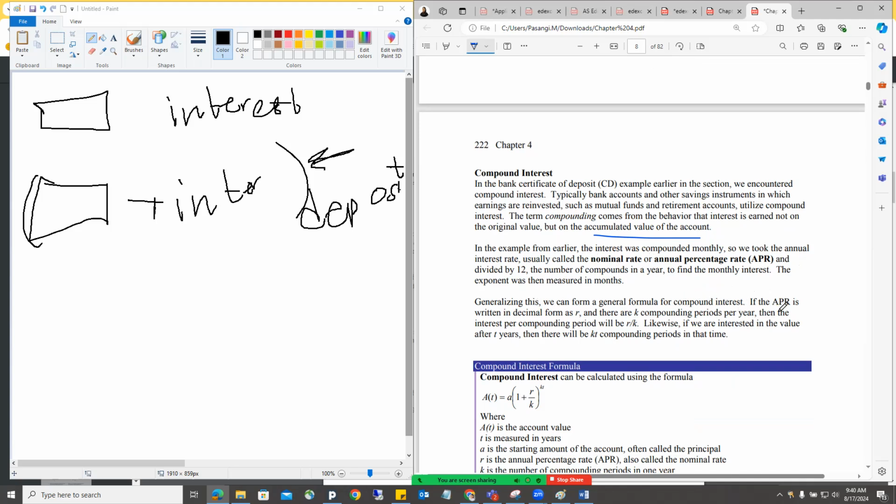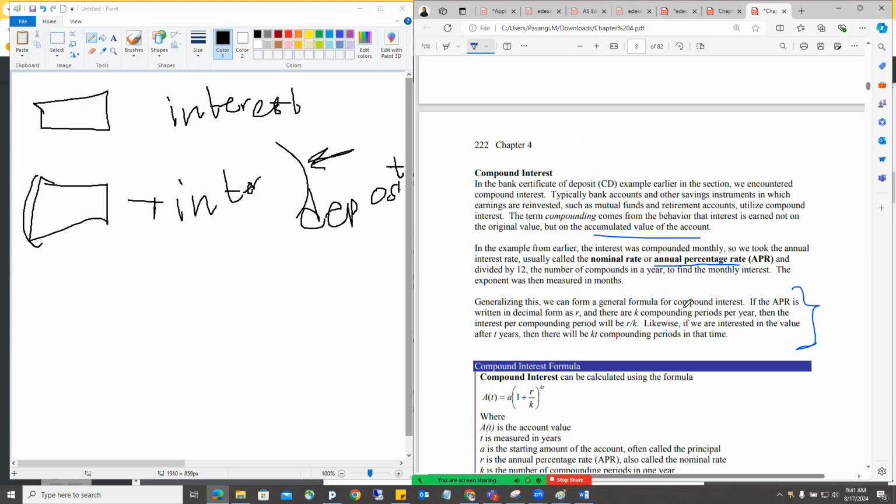Here we are talking about bank deposits and bank interest rates for compound interest. The domain is the banking industry, okay?